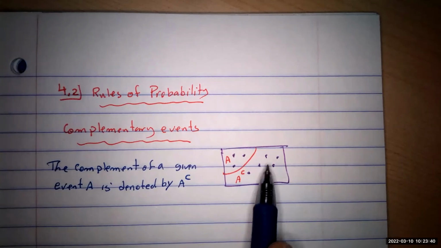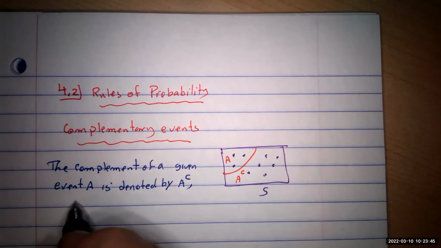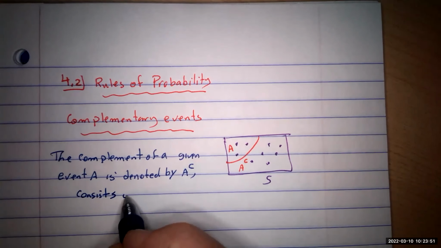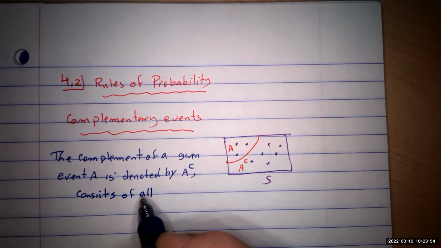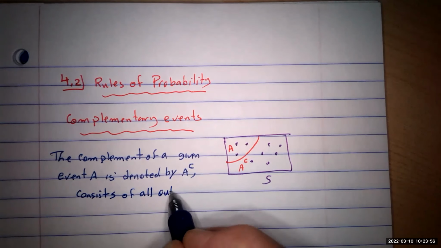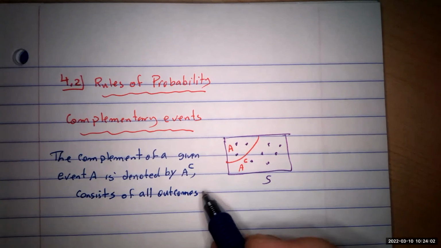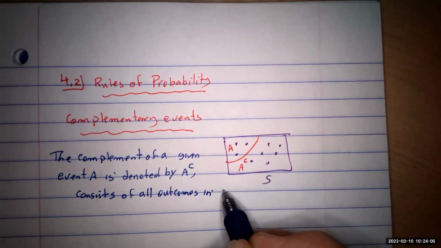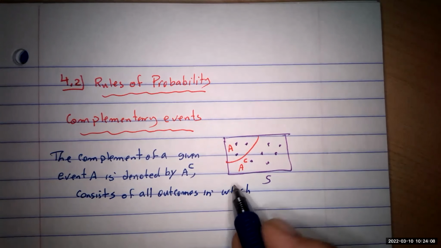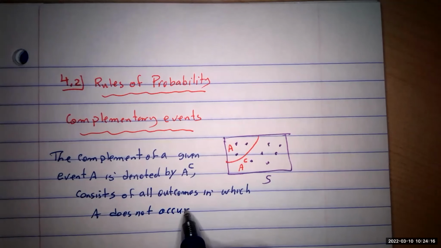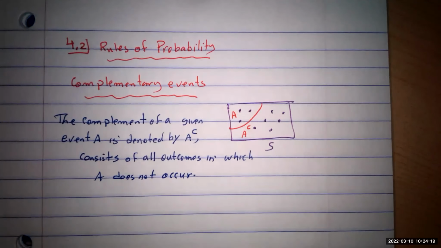This contains all the outcomes which are not in A. So this would consist of all outcomes in which A does not occur, or all outcomes outside of A, if you like.